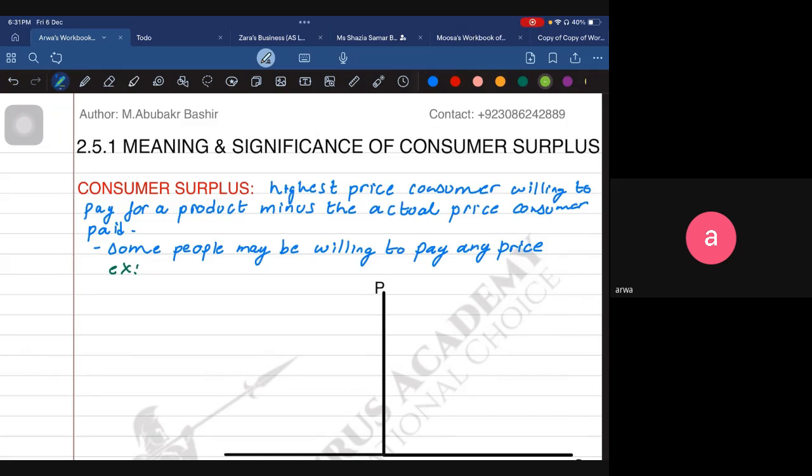I think it just depends on income. For example, some people are going to be willing to buy a really expensive bag, but some people who are lower incomes will not be willing.